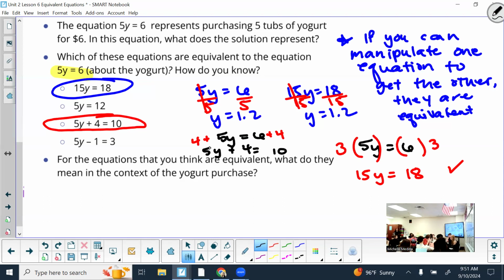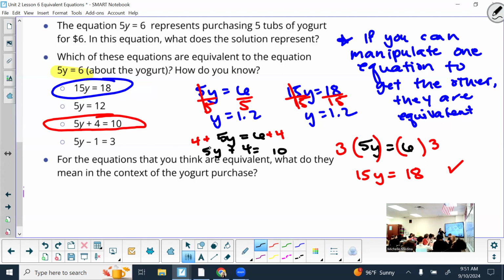I agree, there's not. Just those two from that list. Because over here, think about it, what could I do to the 6 to get 12? And did I multiply by 2 on the left side? So definitely not equal.